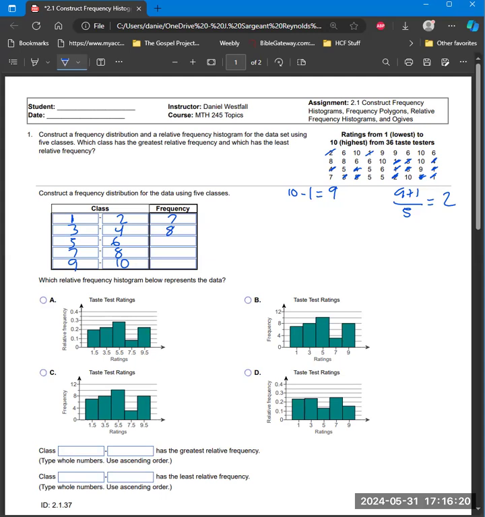And how many do we have that are 5s and 6s? 1, 2, 3, 4, 5, 6, 7, 8, 9, 10.